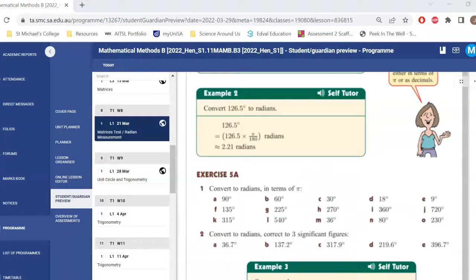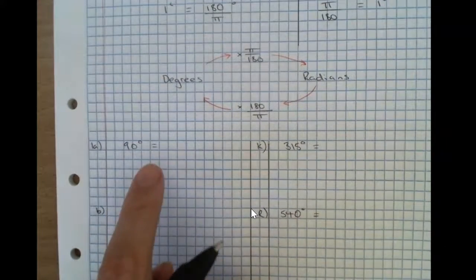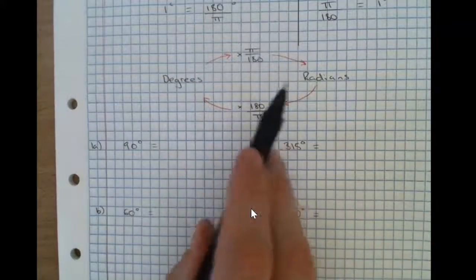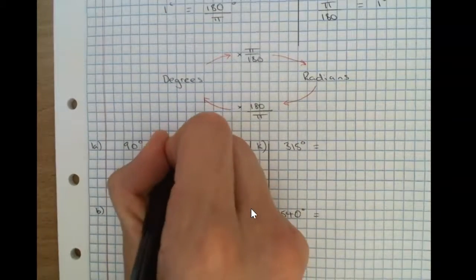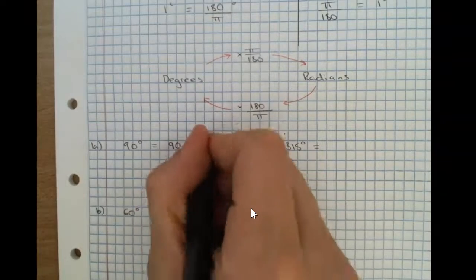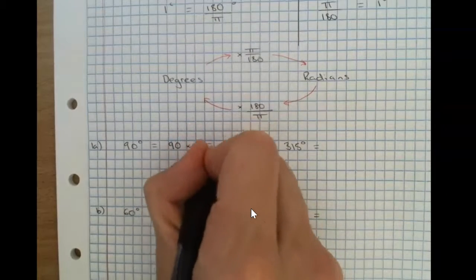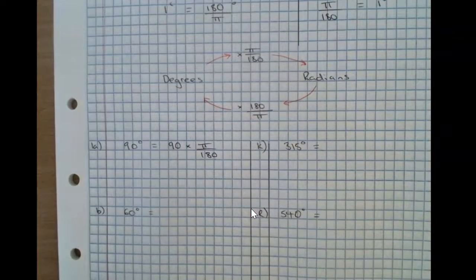In question 1, we're asked to convert into radians from degrees in terms of pi. Here we go. I have 90 degrees. So if I'm going from degrees to radians, I'm going to multiply by pi over 180. So 90 times pi over 180 radians.